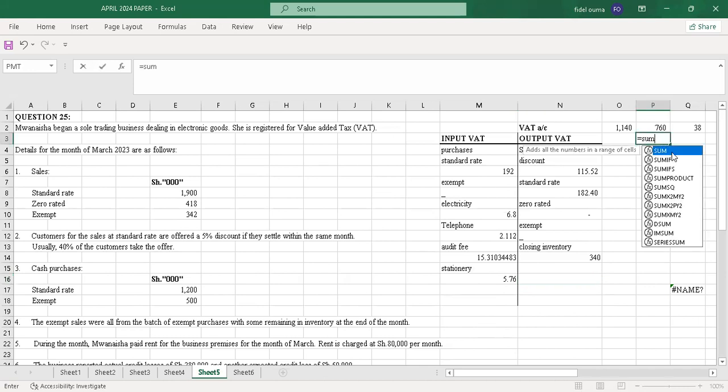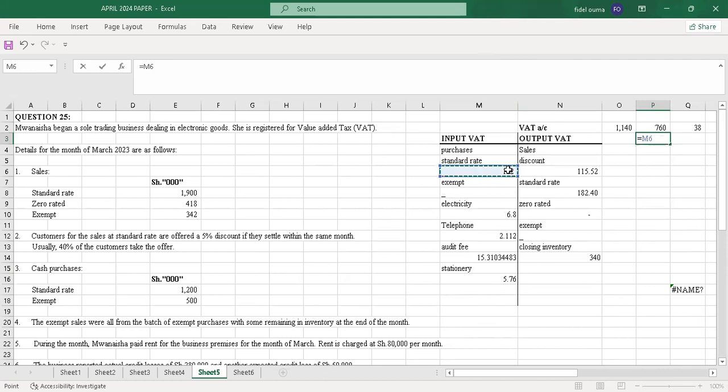We'll start with the input VAT. I'll sum it outside. So I'll pick this plus this plus this plus this plus this.